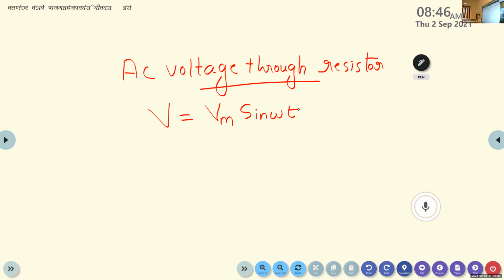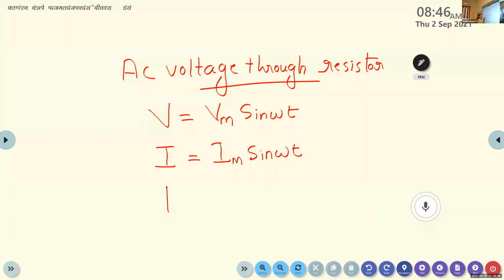When a resistor is connected to this circuit, it generates a current, and the value of that current is given by I is equal to Im sine omega t.